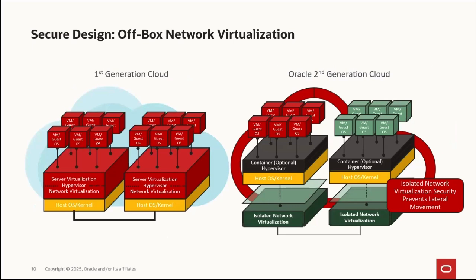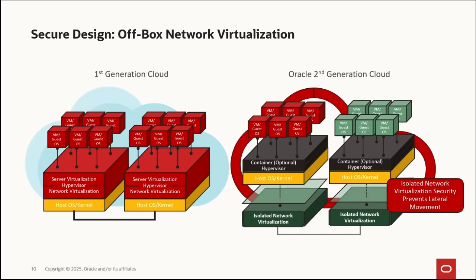Let's talk about the off-box network virtualization concept and how OCI isolates its network to improve your security posture. In a typical first generation cloud, if an attack compromises a virtual machine instance and subsequently a hypervisor, there is no barrier to prevent somebody from modifying the network further, because the network function is managed by the same hypervisor that has been compromised.